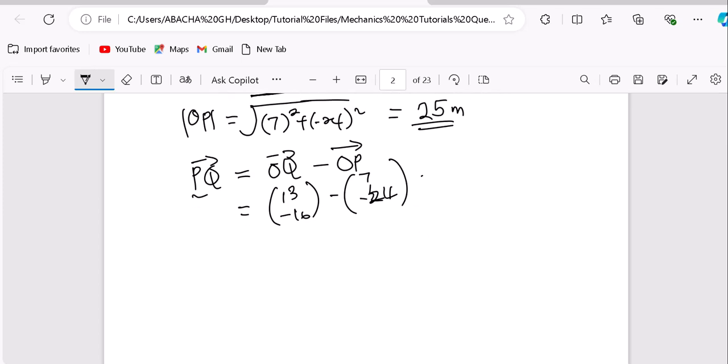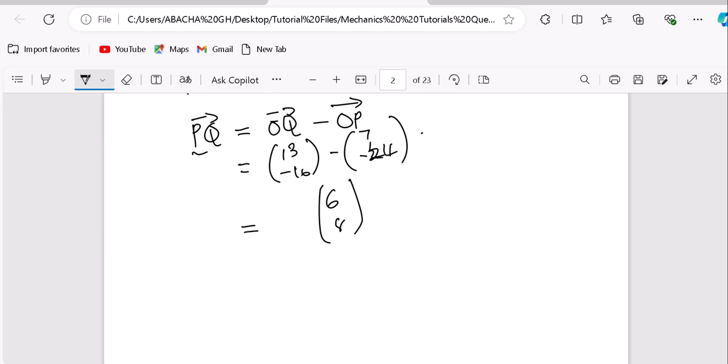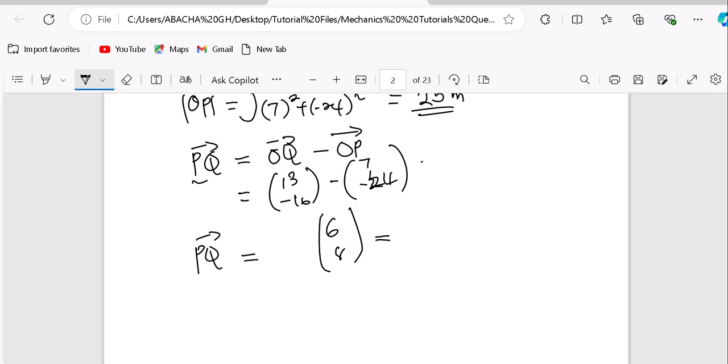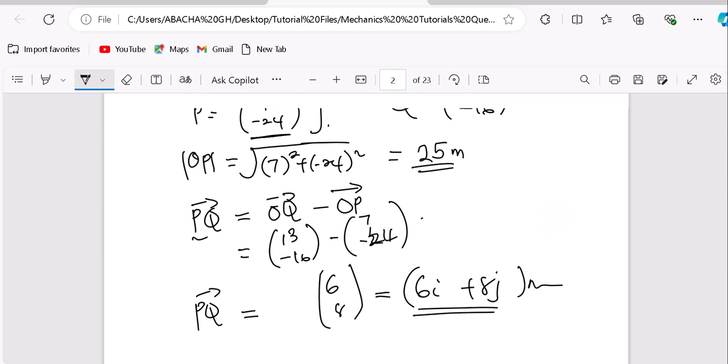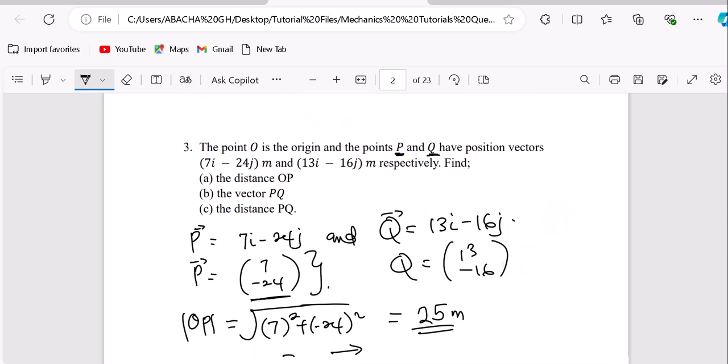If you do your arithmetic, you get 6 and then 8. So this is the answer for vector PQ, which we can write in ij form as 6i plus 8j meters, just like in the original question that was given.